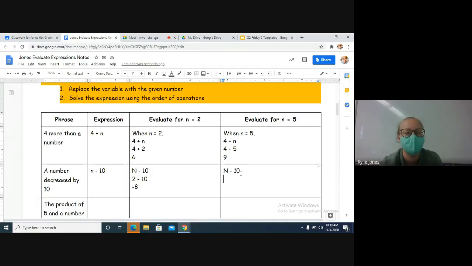Well, this time, when n equals 5, we replace it with 5. So you replace it with whatever it tells you your variable is. In this case, 5. And then we need to do 5 minus 10. This one is negative 5. You start at 5 on your number line and hop backwards 10 times and you end up at negative 5. Good.